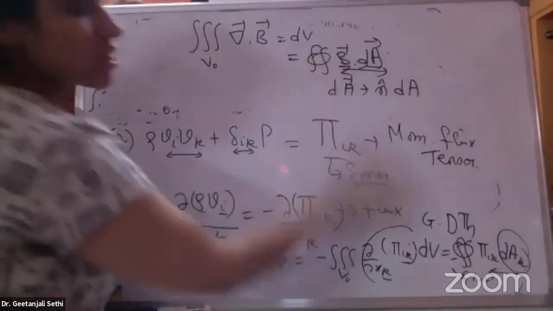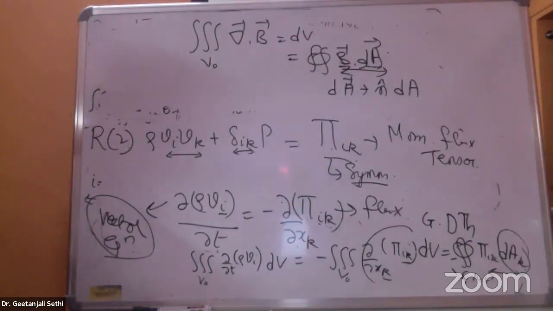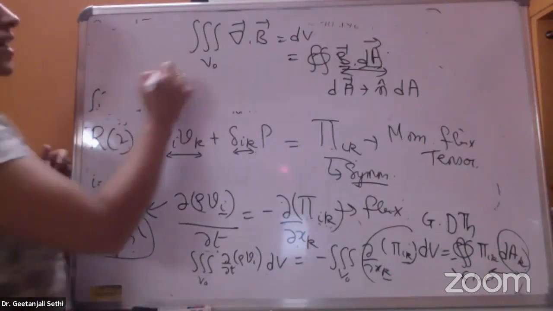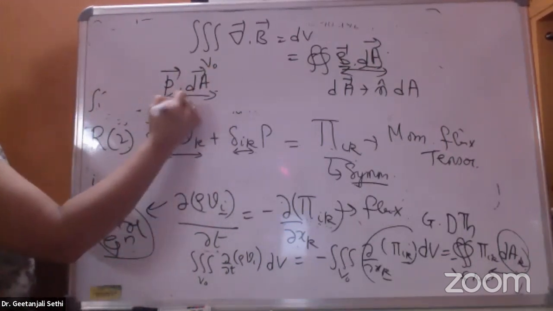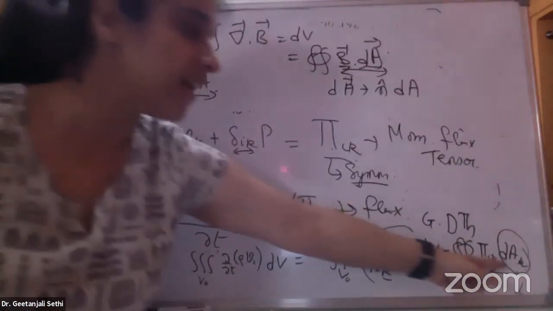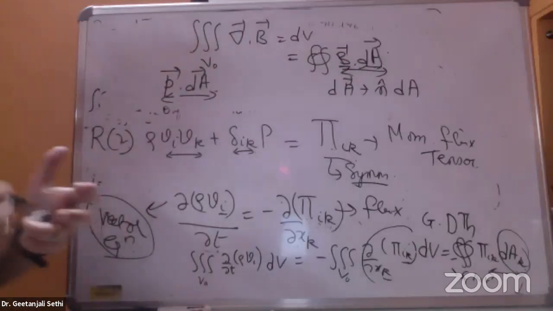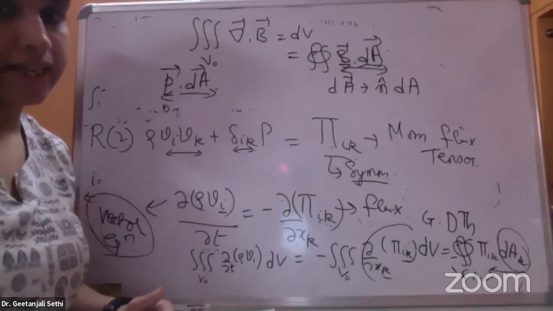When you have pi i k dak, it is just writing momentum dot da. That is flux of momentum along the direction of, so dak is just a component of my area vector. That's what I mean by dak.